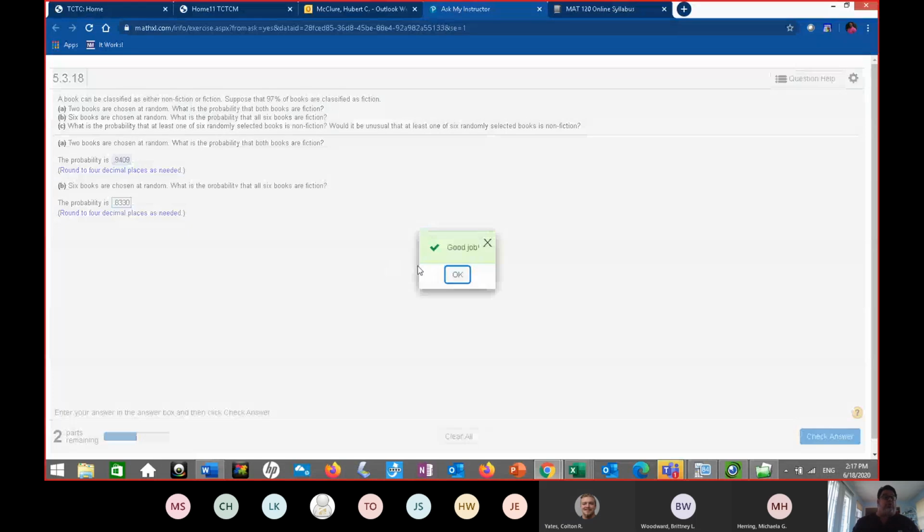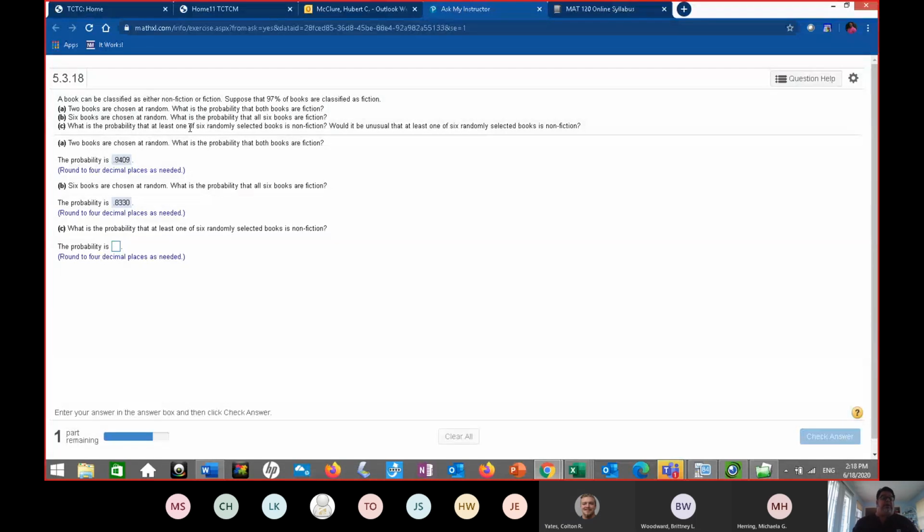Okay, now the last one says, what is the probability that at least one of 6 randomly selected books is nonfiction? Would it be unusual for at least one of 6 randomly selected to be nonfiction?